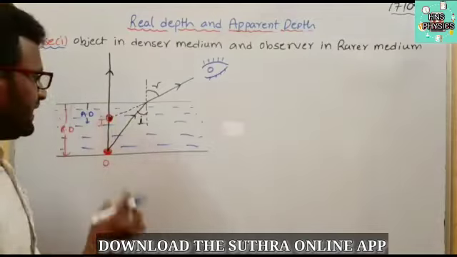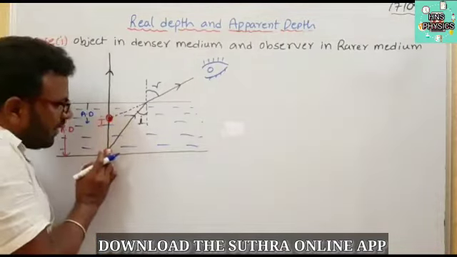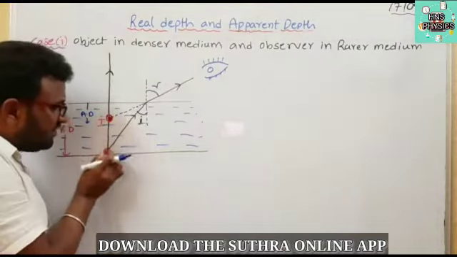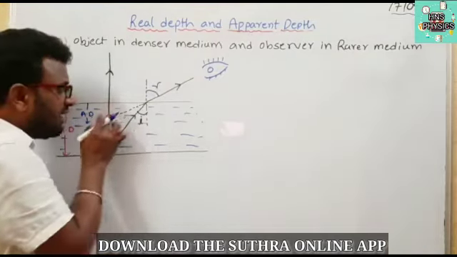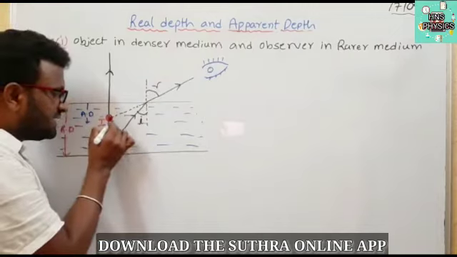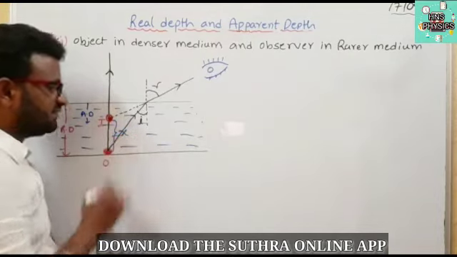So the coin appears shifted from its original position to here. For the observer the coin appears here. How much height is shifted? A height x is shifted.